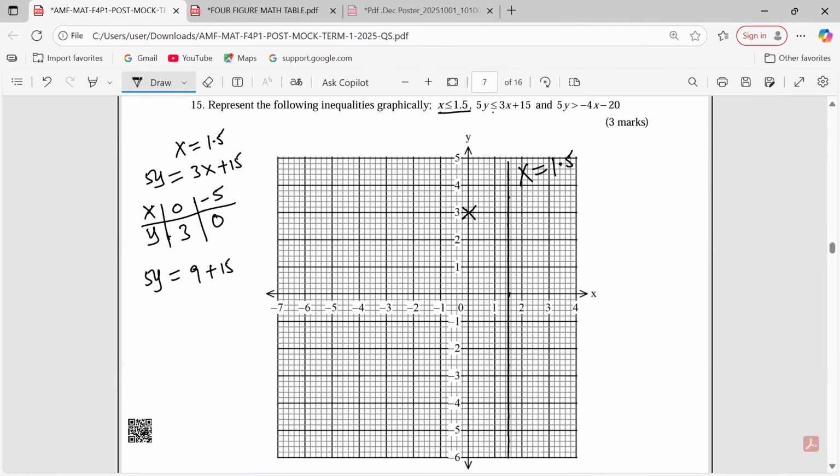We're getting 5y is 24. So y equals 4.8. When x is 3, y is 4.8, like that.